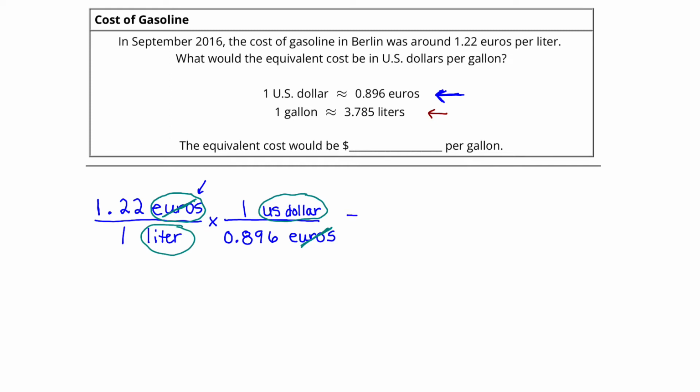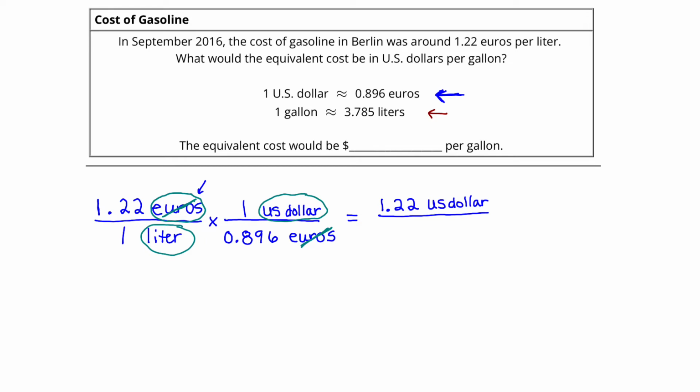Let's multiply across. So in the numerator, 1.22 times 1 is just 1.22. And the units on top are US dollars. And it's good to carry through these units, okay? It's good to write down the units and not lose track of them.